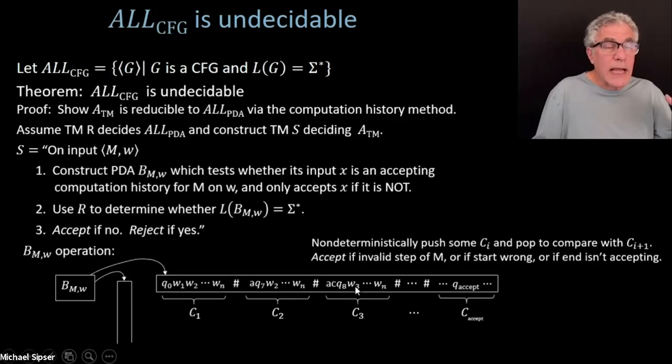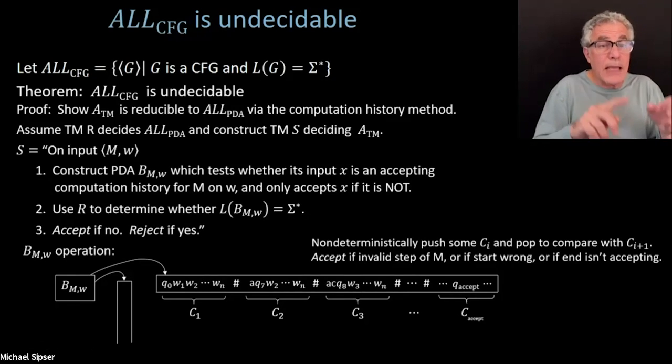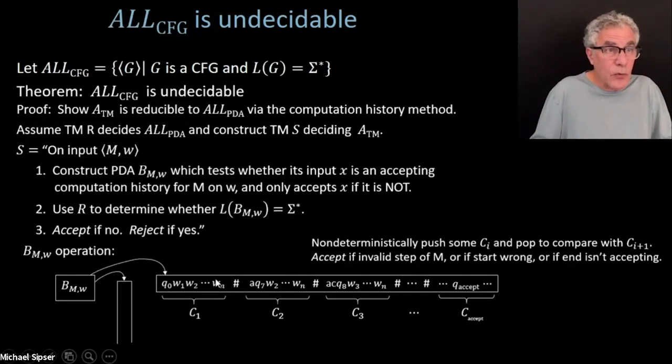Well, first of all, we non-deterministically choose which configuration might be the one that fails, where one fails to go to the next one, because those are the ones we're trying to accept when there's a failure. So we non-deterministically look for the place that there's a failure. We push that onto the stack, and then we pop it off the stack and compare it with the next configuration. So that's how we're using the stack instead of being able to mark on the input.